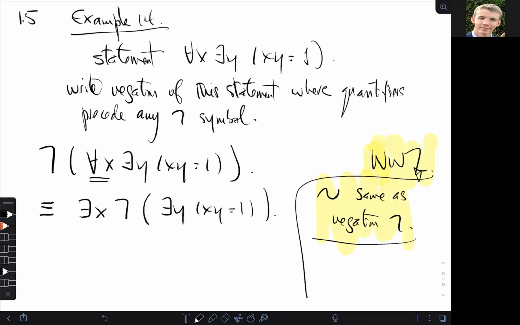So the there exists would be sort of a minimal condition, and the for none would be exceeding that. Let's do another example.